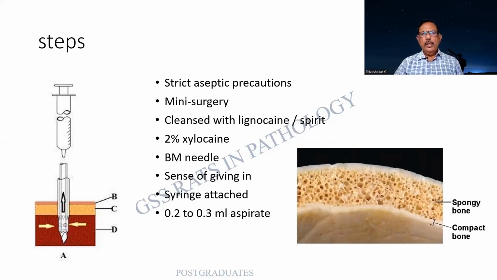That means you are in the marrow. Attach another syringe, only the syringe, no needle here, and you do the aspiration. Ideally, the aspirate must not be more than 0.2 to 0.3 ml. A very great mistake is made whenever they aspirate 5 ml, 10 ml, and then the pathologist gives a report that the aspirate is diluted with very few cells.